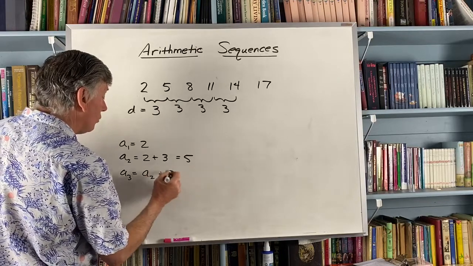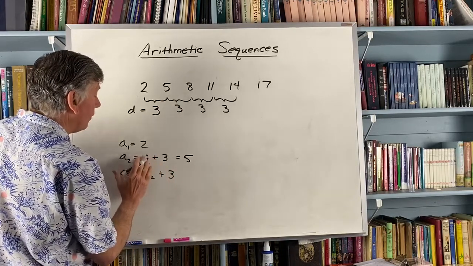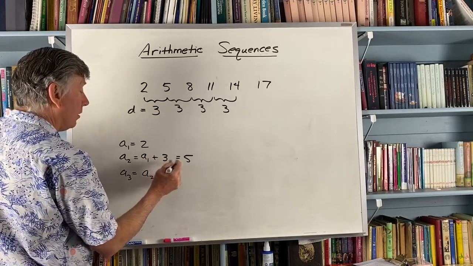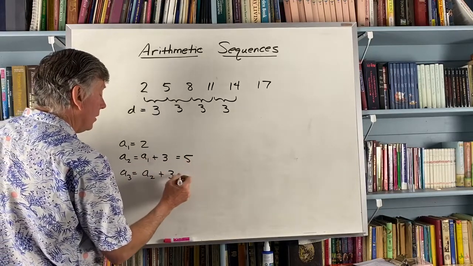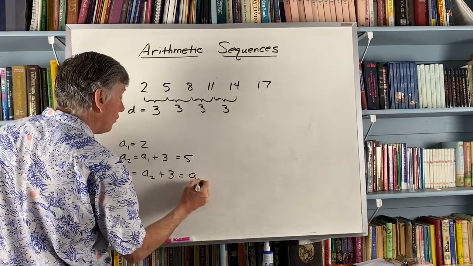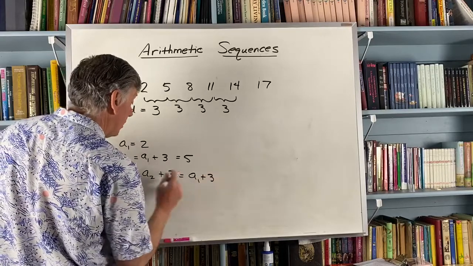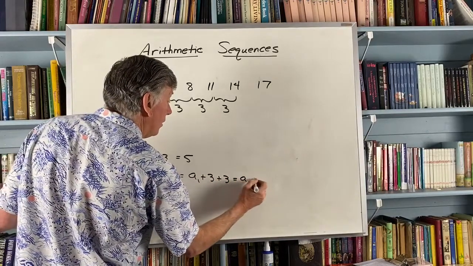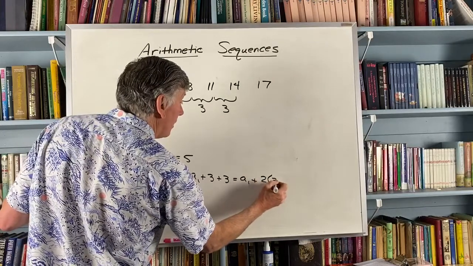But A2, I should have written A1 here. A3 is going to be A1 plus 3 plus this 3, so it becomes A1 plus 2 times 3.